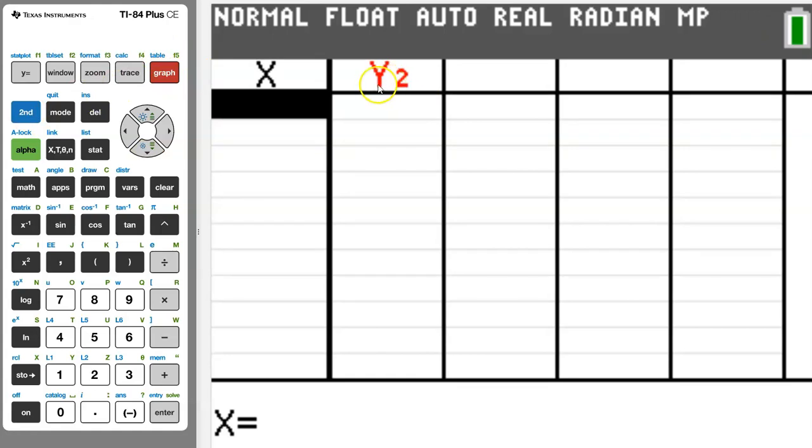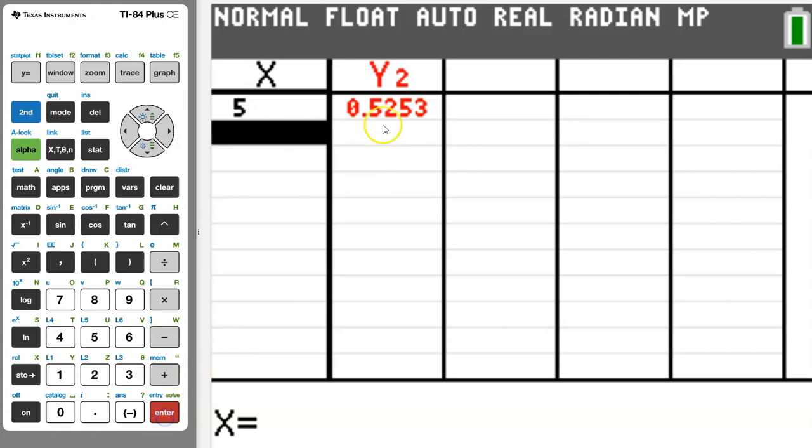Notice that we have y2 being mentioned right here. Because we set it to ask, we can type in any value we want for x, and it will give us the value of y2, which in this case is the value of f at t. We want the value at 5, so I just type in 5 and there it is, 0.525.